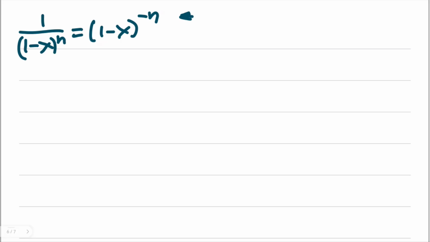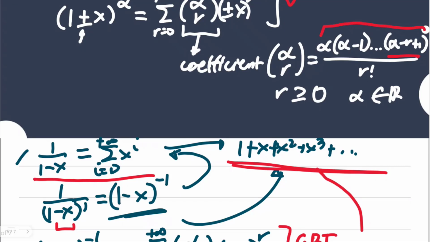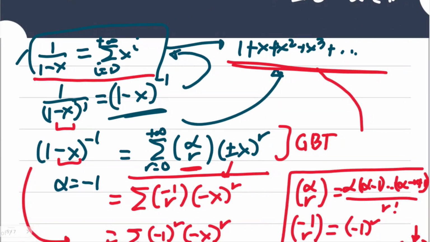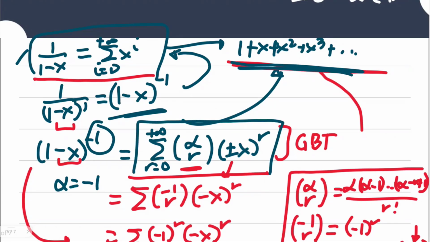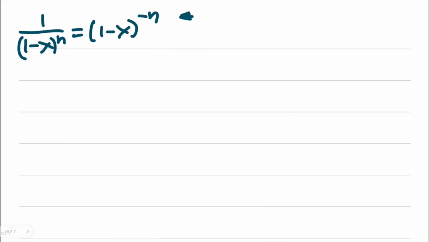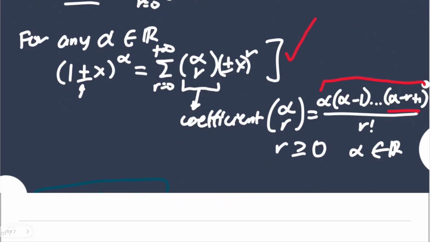Similar to the previous, we're able to understand that this idea is also equivalent to this idea here, where our exponent is negative. Okay, so when we look into this, we might be able to use this better than the generalized binomial theorem.